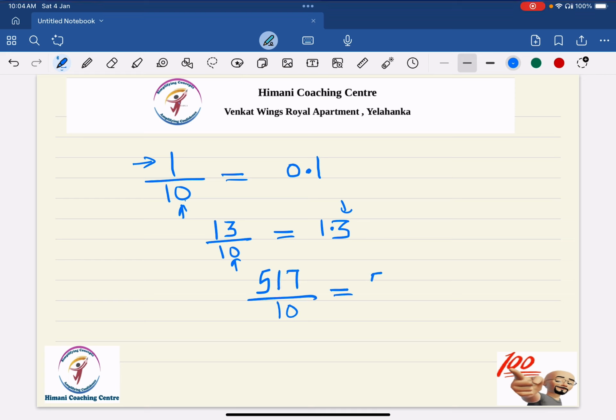Write 517 as it is and count one digit from the unit digit. So you will write 517 by 10 as 51.7.